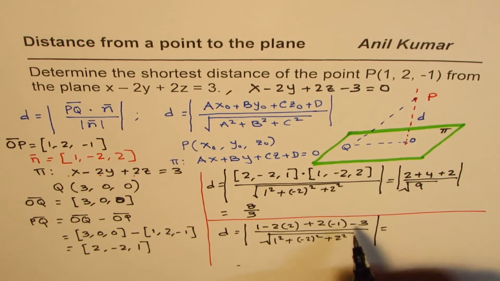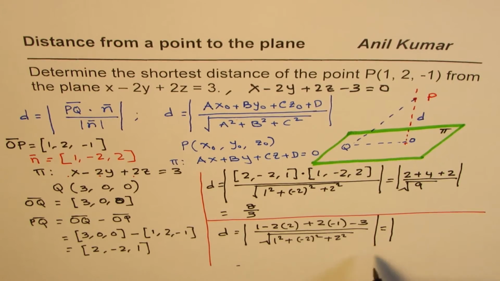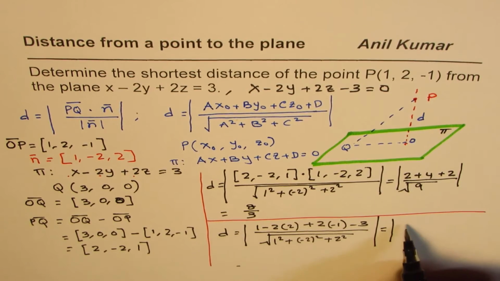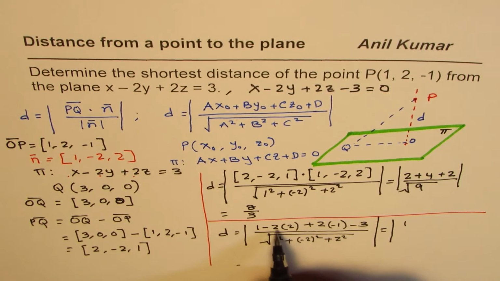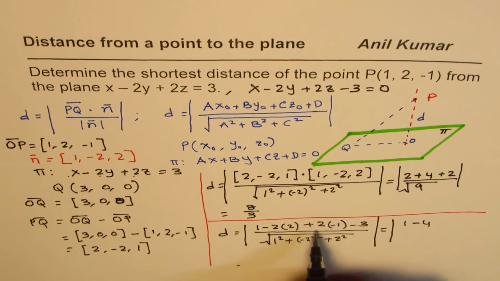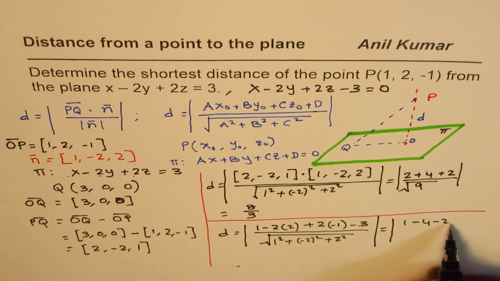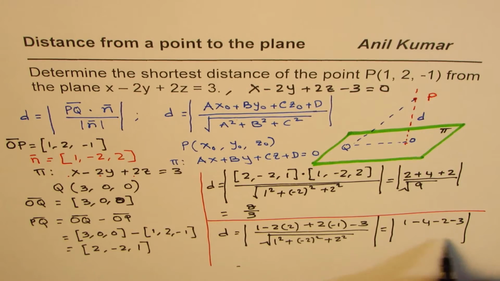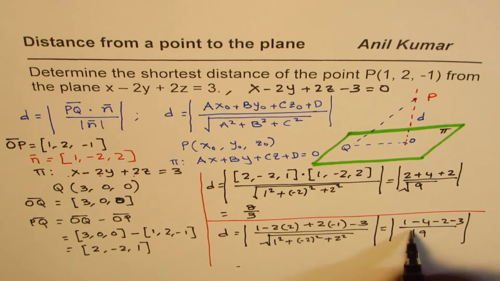And that gives you 1, 2 times 2 is 4, minus 4, and 2 times minus 1 is minus 2, and this is minus 3, divided by the square root of 9.